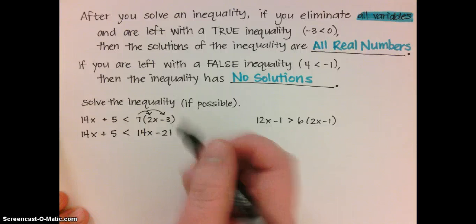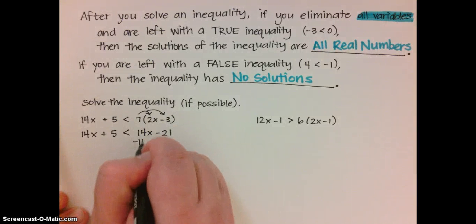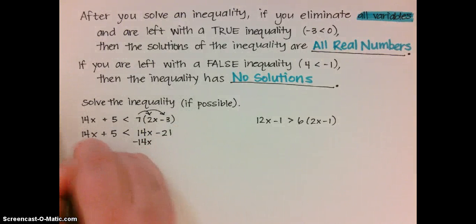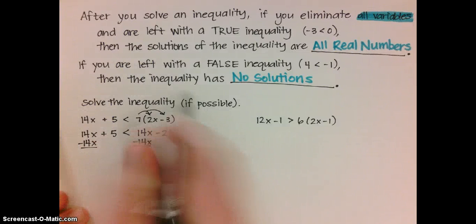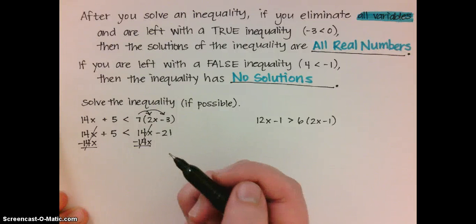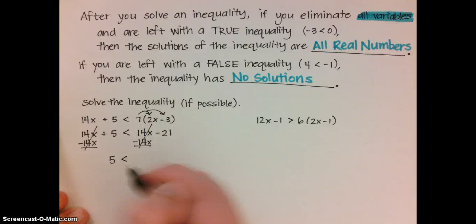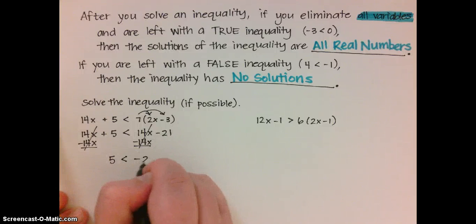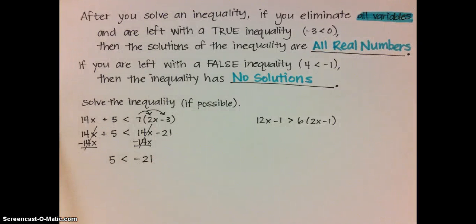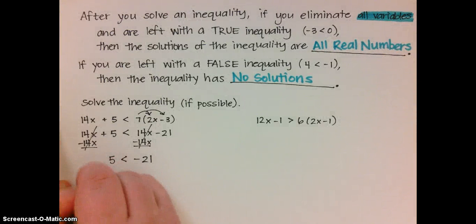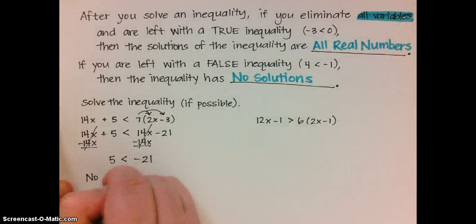Like I did before, I want to combine my variables. So I'm going to subtract 14x from both sides. And when I do that, I'm noticing that I'm eliminating all of the variables. And I'm left with 5 is less than -21. Now, is this true? Is 5 really less than -21? No, it's not. So what I would put here is no solution.